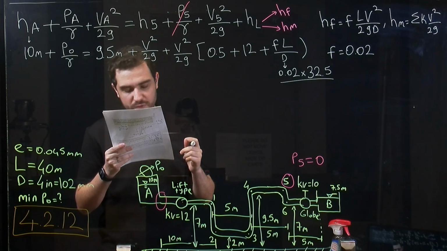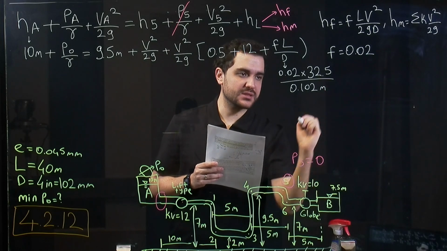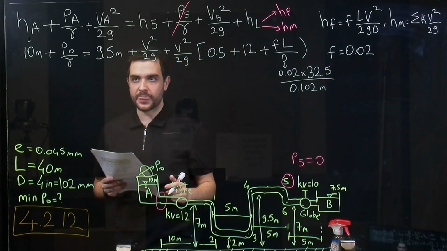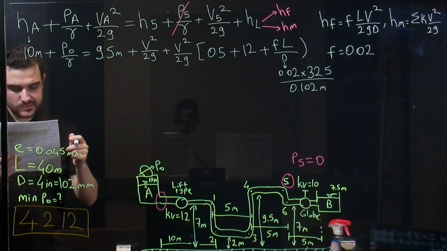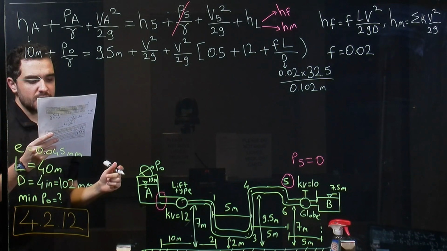So we can write 0.1 or 2 meters for the diameter. And from here we can get this first equation.